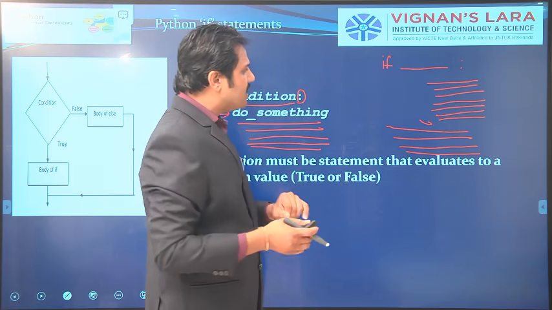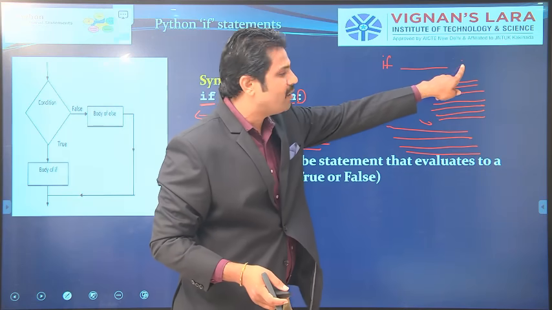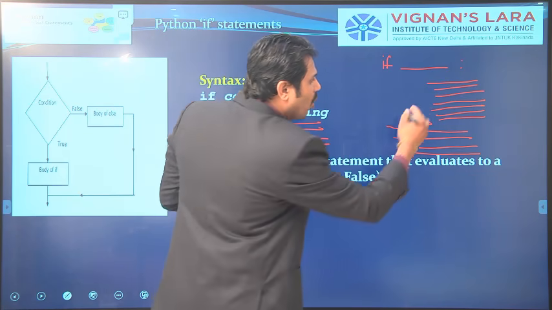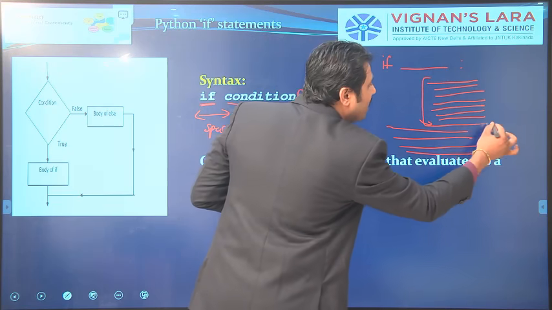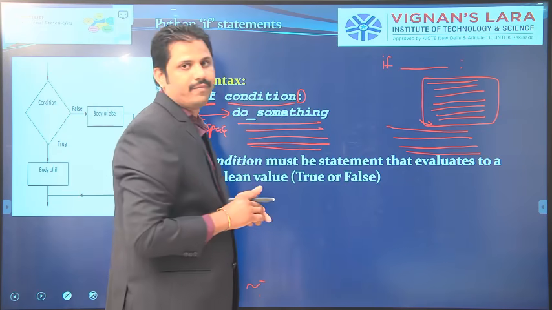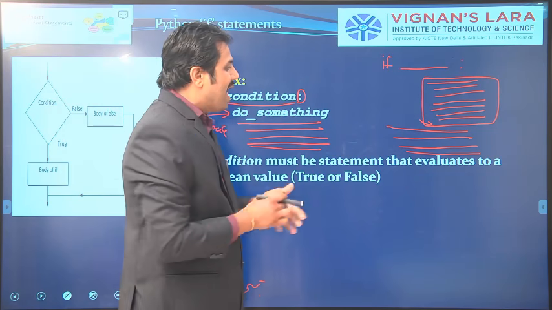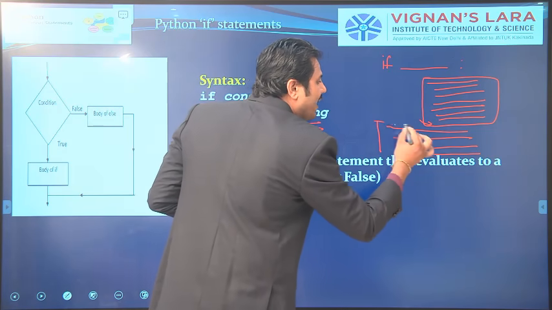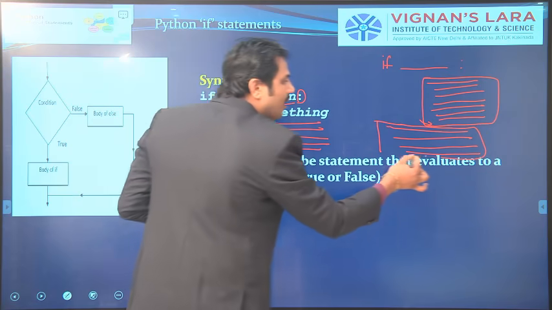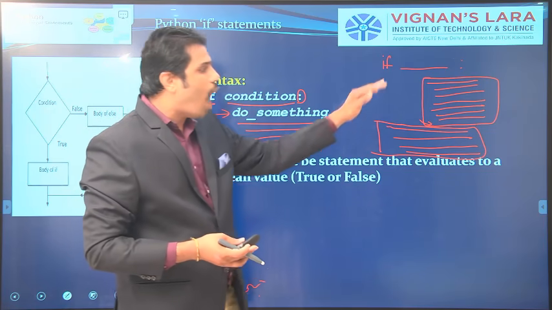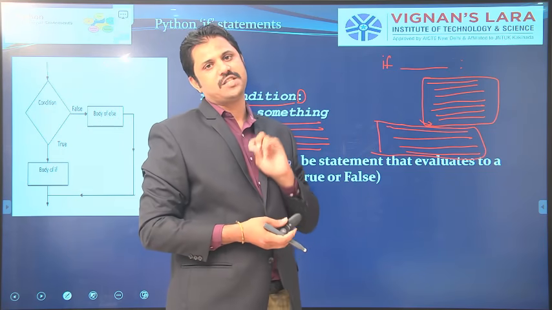Let us observe this. If condition, indentation, so this is completely the if block. All these statements belong to the if block. The statements which start here are all outside of the if statement.